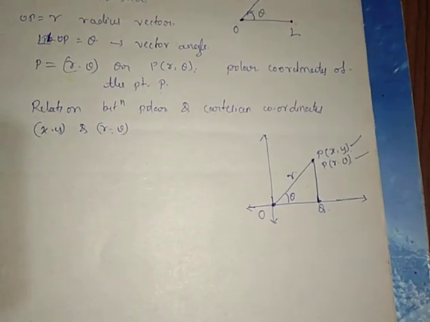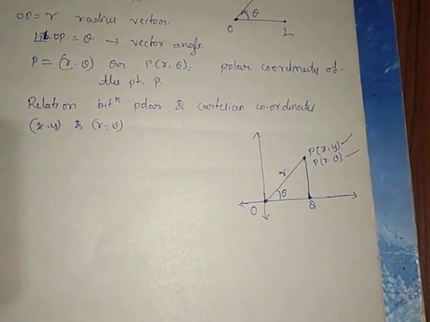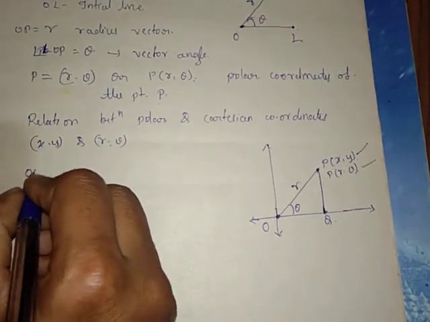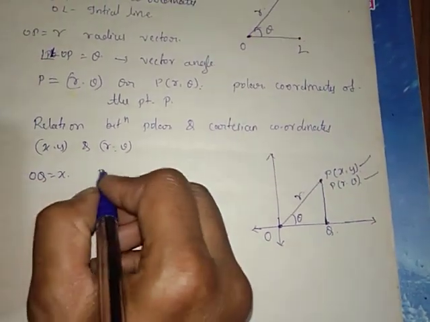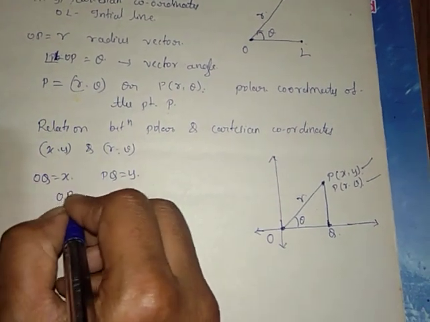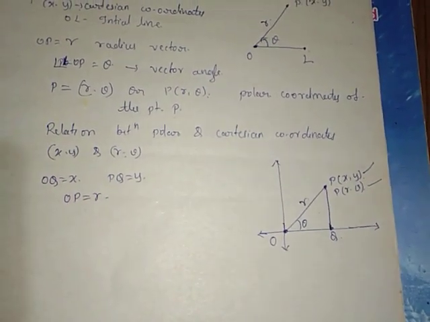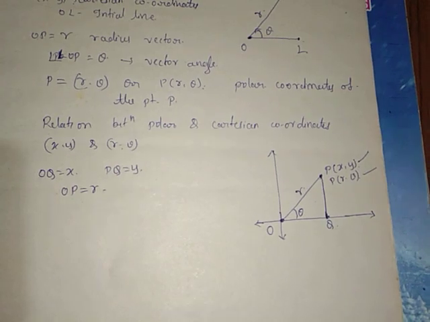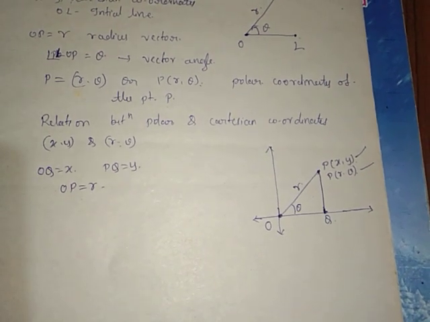Now from the diagram we say that OQ equal to x, PQ equal to y, and we are considering OP equal to r. OP is a radius vector.